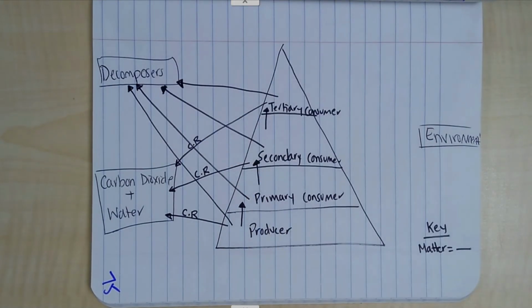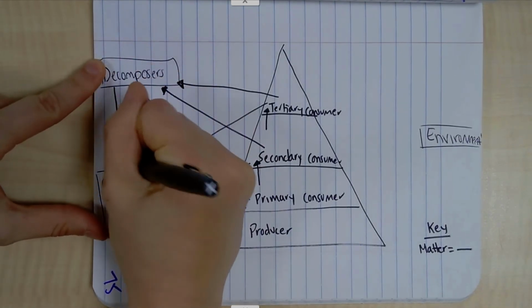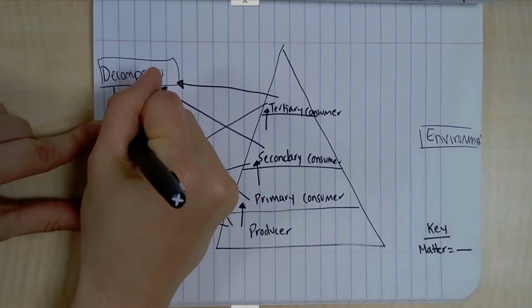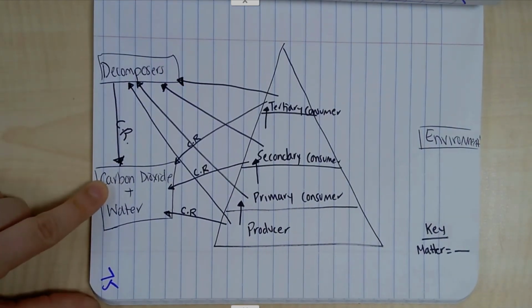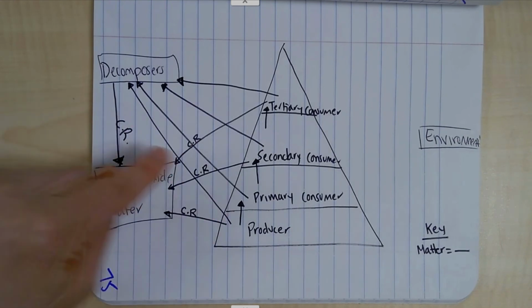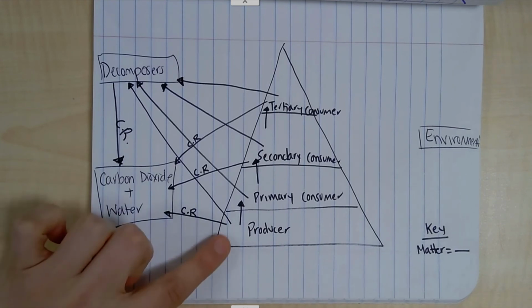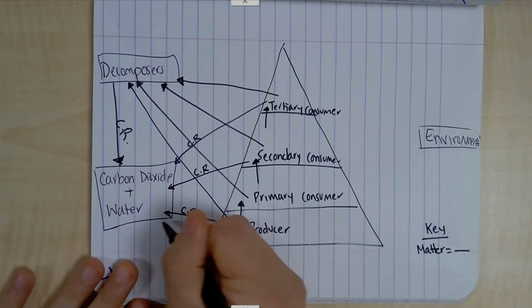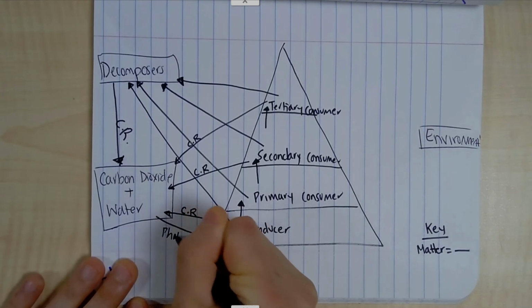And remember, these decomposers not only take in that energy, but they release that matter as cellular respiration. So it's not like it just kind of disappears. We've got this whole producer, primary consumer, secondary consumer. But remember, producers are plants. They take in that carbon dioxide and water. This was our photosynthesis.